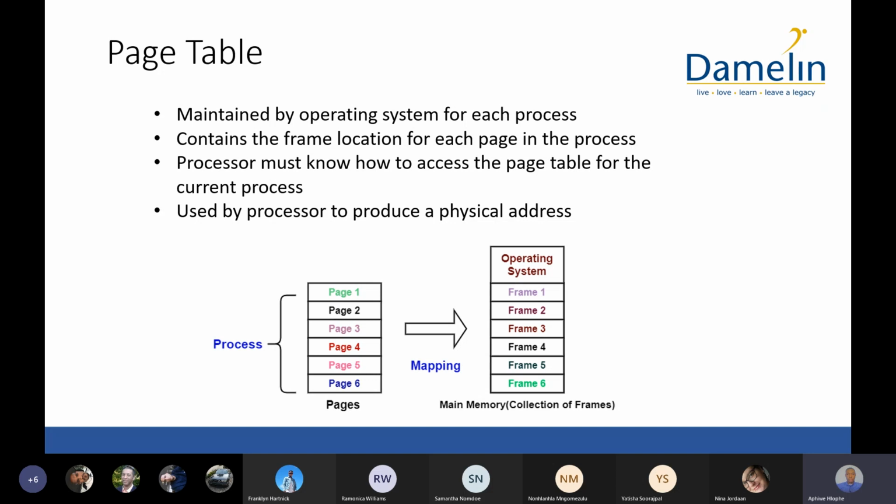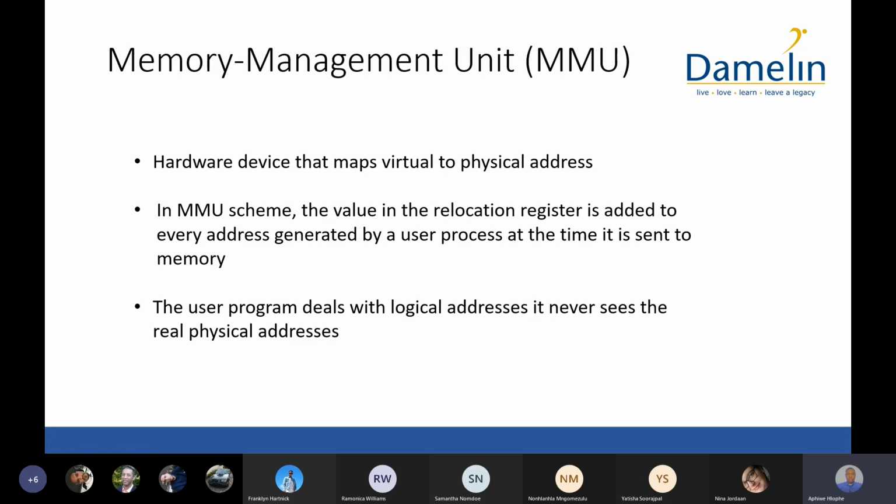So the mapping table is the one that's keeping track of which pages have already been sent, which pages still need to be sent, and which frames those pages that were sent already are residing in. So the paging table contains all of that information. It's mapping these two fixed blocks of memory together.